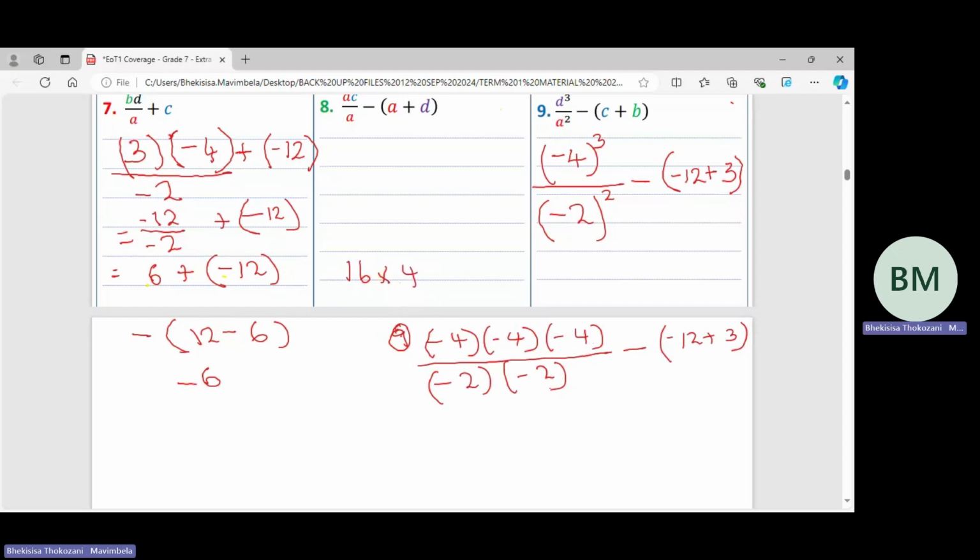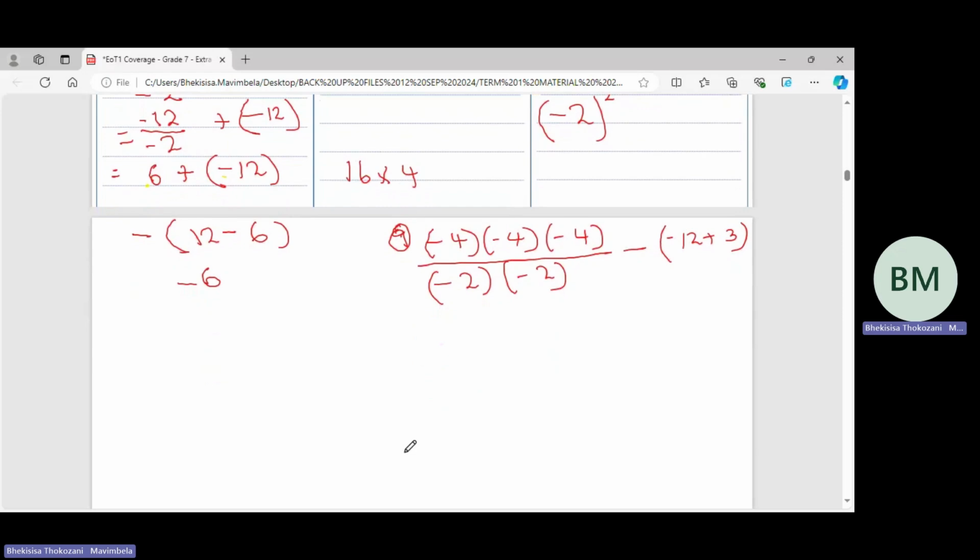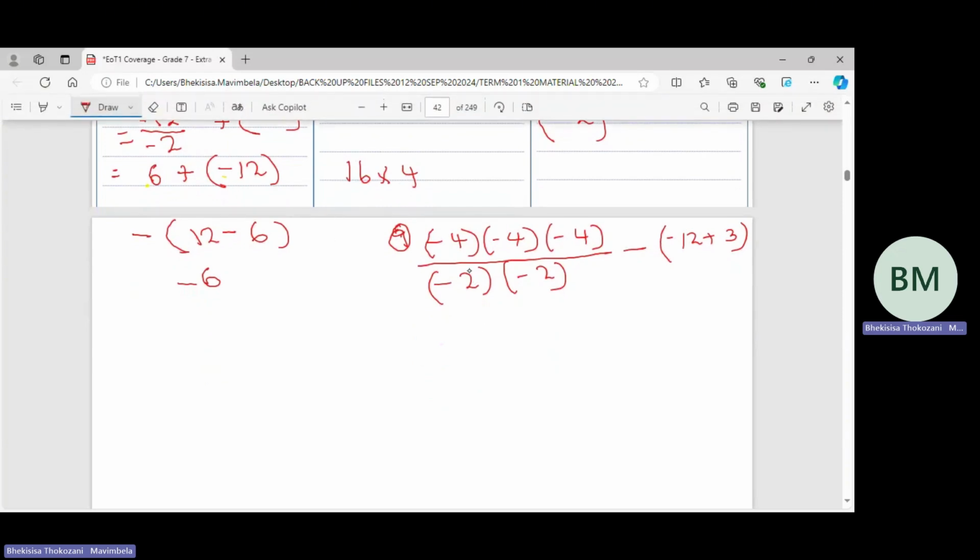So 16 times 4 will give you 64, right? You can also expand this. I've already shown you in the previous examples how to expand, so I will not spend a lot of time expanding. We've already spoken about it in the previous videos, so if you want to learn more about how to expand, check those videos. So we've got 64.